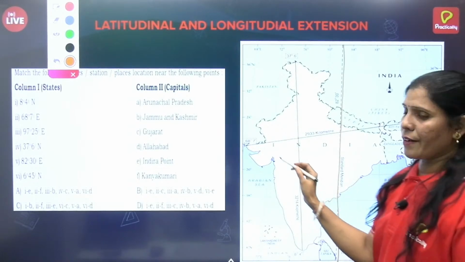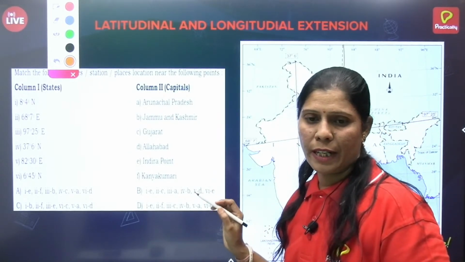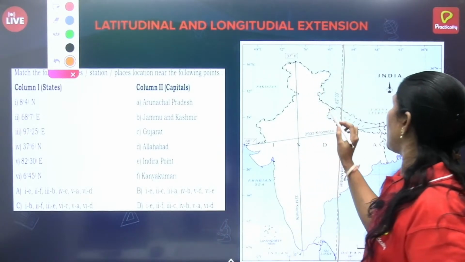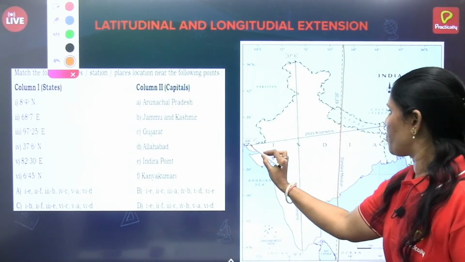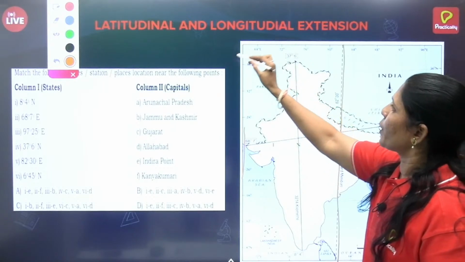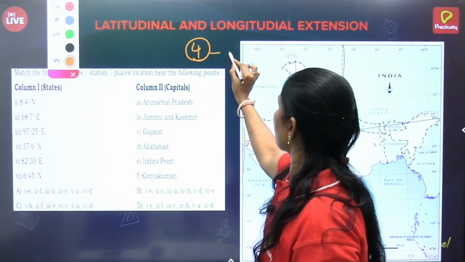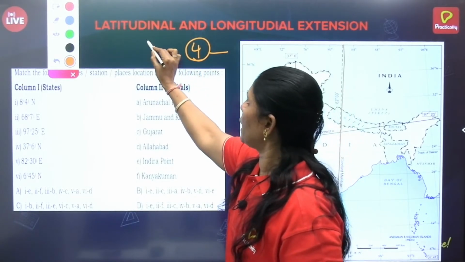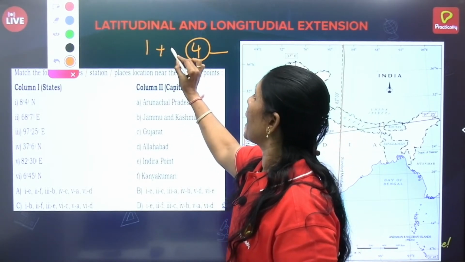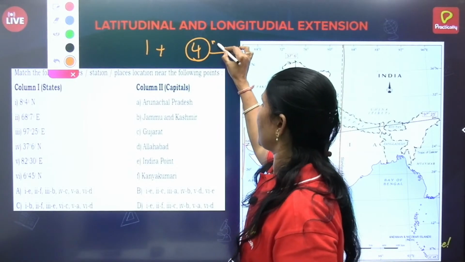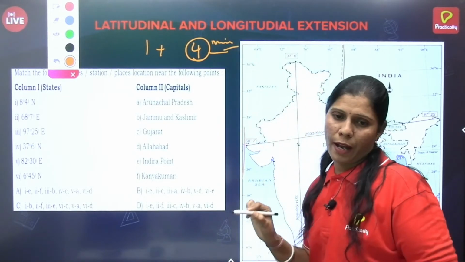Children, we need to have an idea about these places. You know that from one longitude to another, the sun's rising takes 4 minutes to pass.